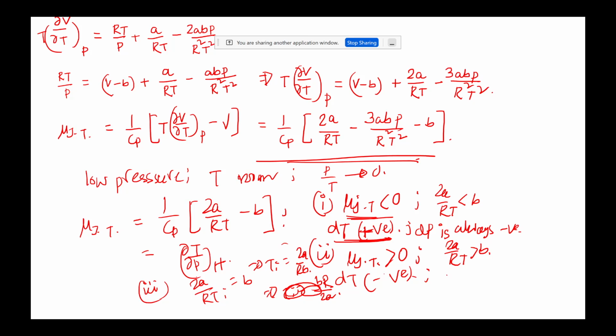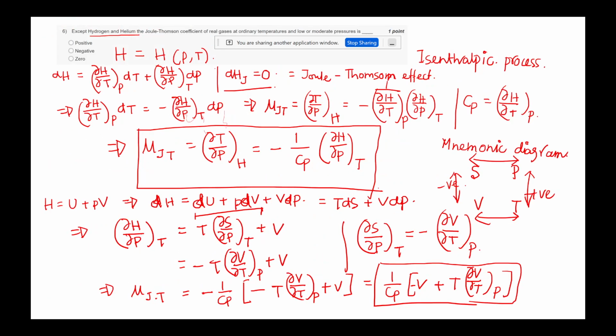But the question was low pressure and high temperature. For that, mu JT will always be negative. Sorry, what was the question? The question was moderate pressure and ordinary temperature.